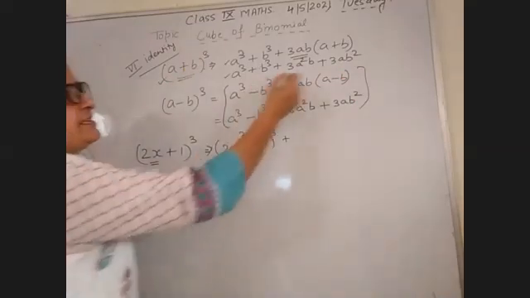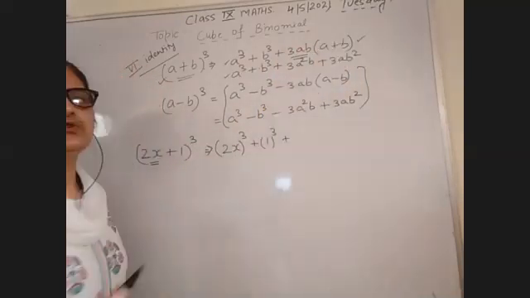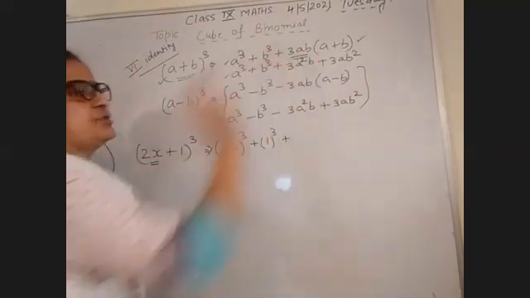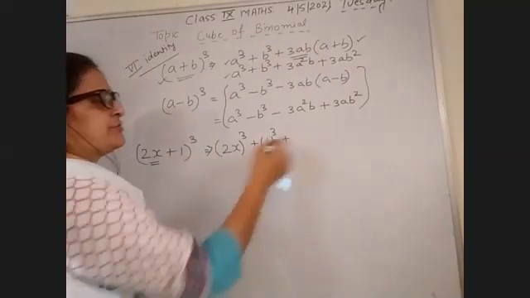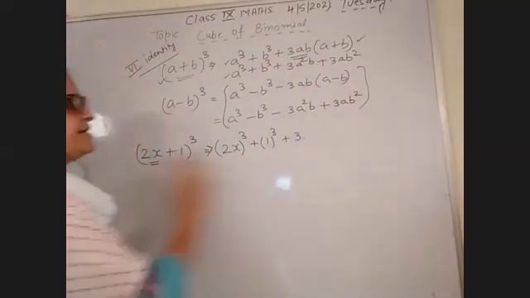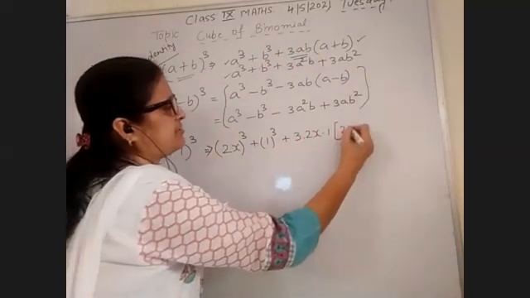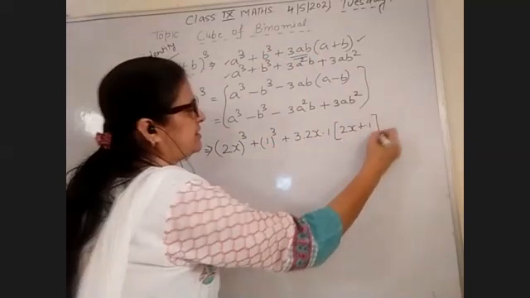You can put 3a square b also or use this identity. क्योंकि आपको expand करके आंसर तो इसी फॉर्म में लिखना पड़ेगा, तो आप इसको डायरेक्टली भी लिख सकते हो या इनडायरेक्टली. 3 into a is given 2x and b is given 1, and in bracket you put here 2x plus 1.